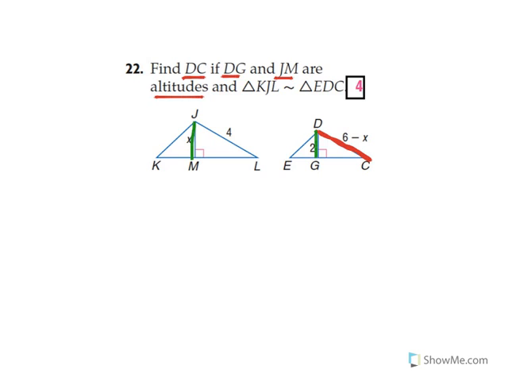So an altitude, if you look at a triangle, this is the base, and then this right here is going to be the height of the triangle, and it intersects the base to form two 90-degree angles. So the altitude is perpendicular to the base. Think about it.